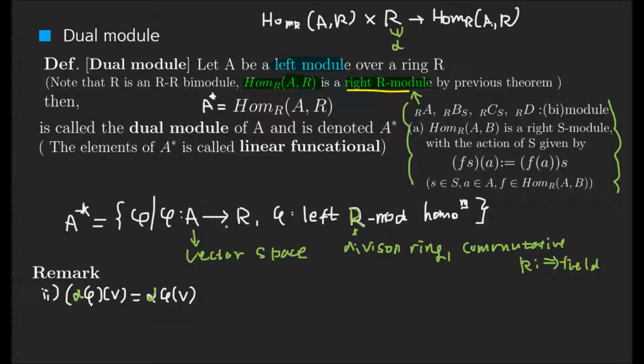Of course, phi is clearly in Hom_R(A, R), the statement B star, A star.